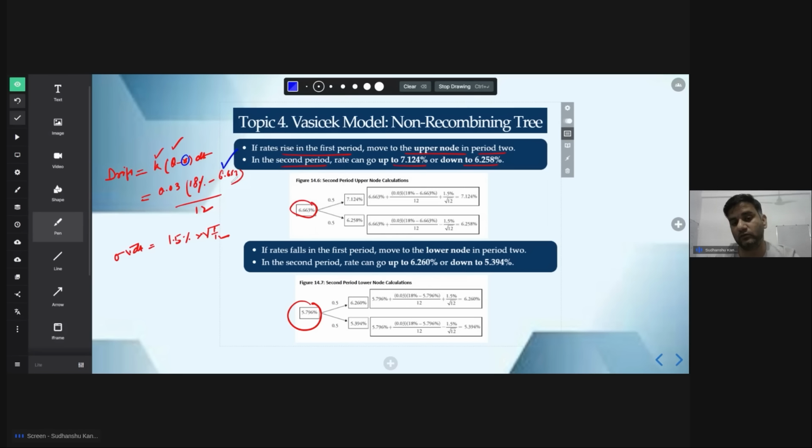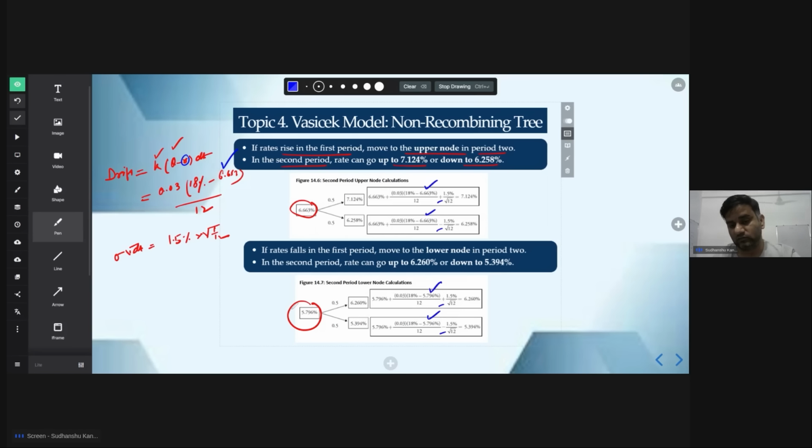Earlier it was 6.2, here it is 6.63, and similarly 5.796 is changing. The rest are all the same, guys. Up node is plus, down node is negative. So for different up nodes and down nodes, you see the values are not matching. There's no recombination happening, right?